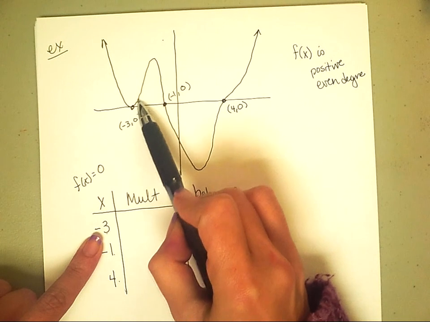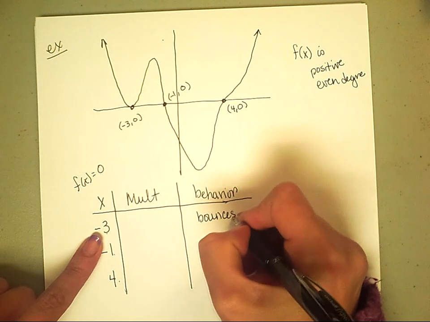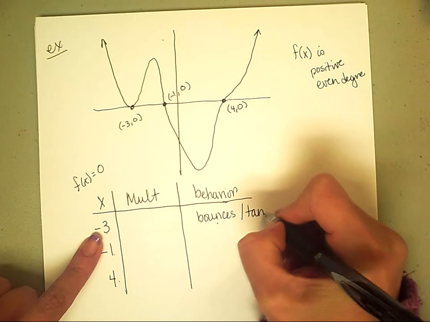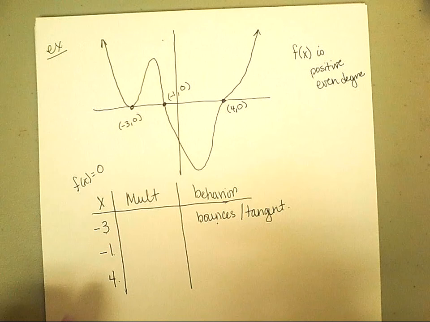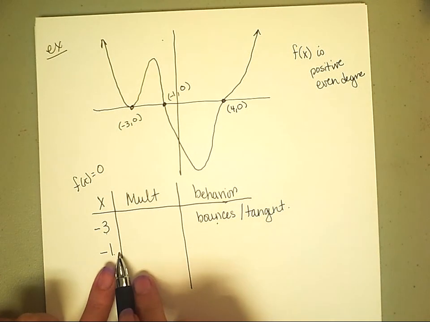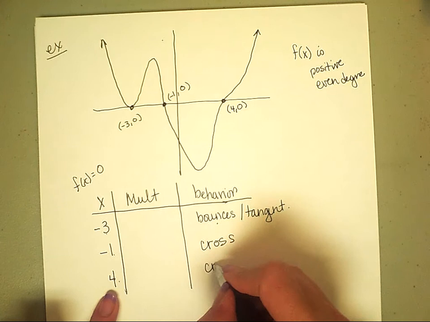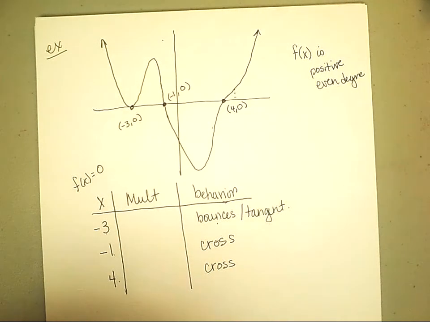At negative 3, this function bounces. Another word for bounces is that it's tangent to the graph. And then we'll continue with this and then we'll go back. At negative 1, it's going to cross, and at 4, it crosses as well. That is, it passes through the x-axis.